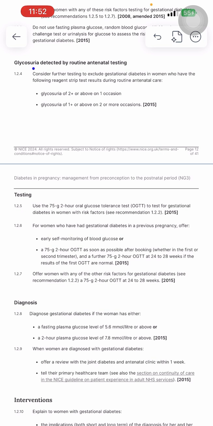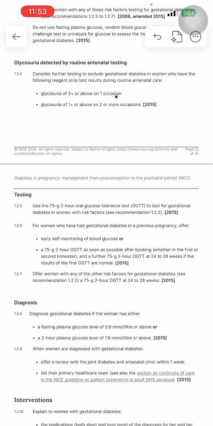So when you are at booking, you advise her urinary test and you find that there is glycosuria. Glycosuria detected by routine antenatal testing: consider further testing to exclude diabetes mellitus in women who have the following reagent strip results during routine antenatal care.